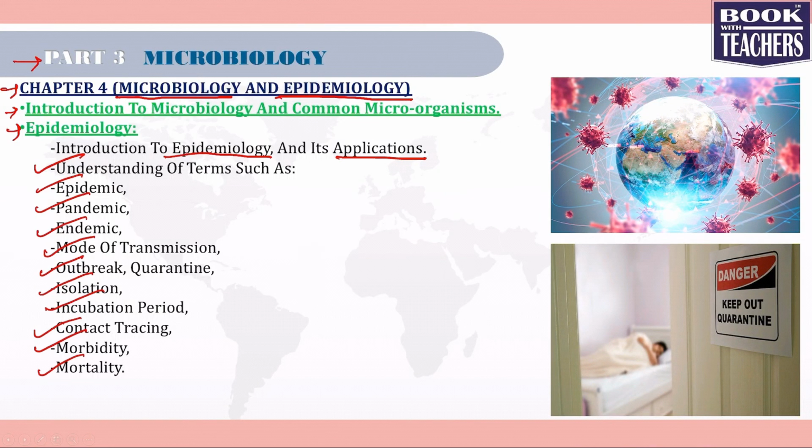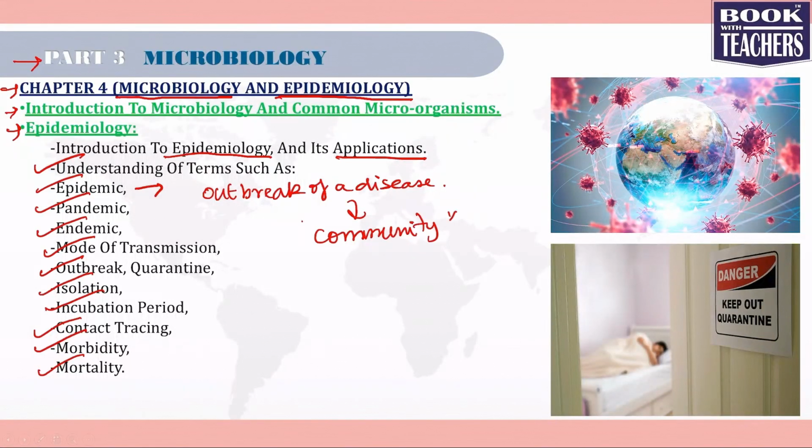So let me explain just 1 or 2 terms for you to get a general idea. So what does epidemic mean? See, outbreak of a disease, if it occurs in a community, say for example it occurred in a region of India. Now if it's occurring only in a region of India, it is called as epidemic.